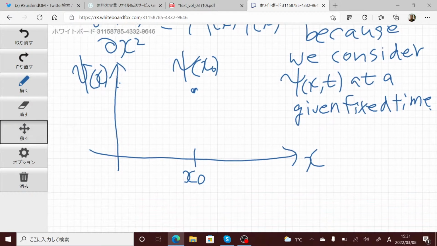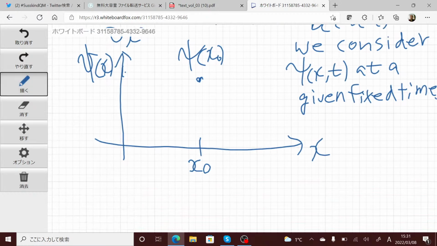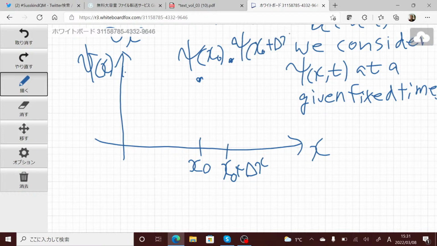We also assume we know the point x0 plus delta x, so we know psi of x0 plus delta x. Also here x0 minus delta x, we know psi of x0 minus delta x.